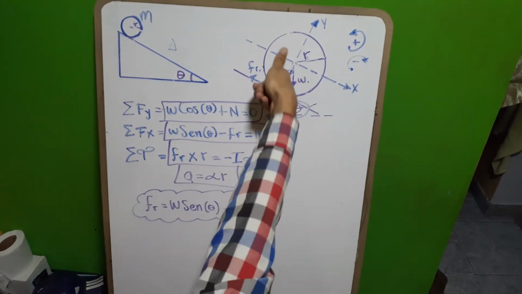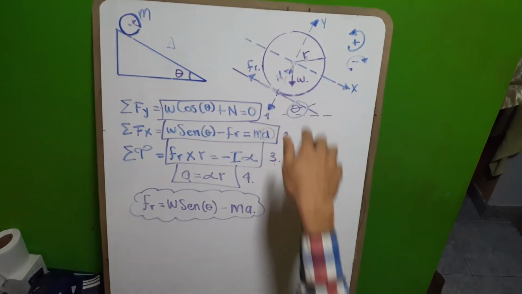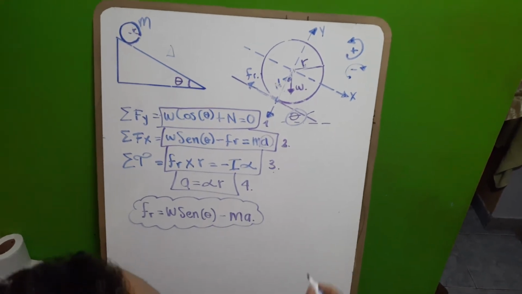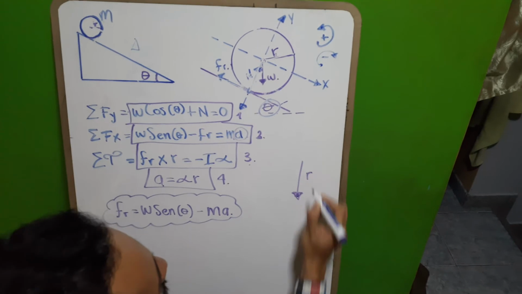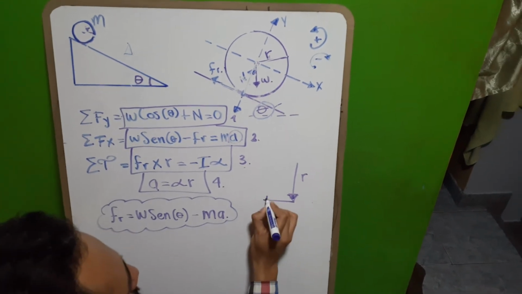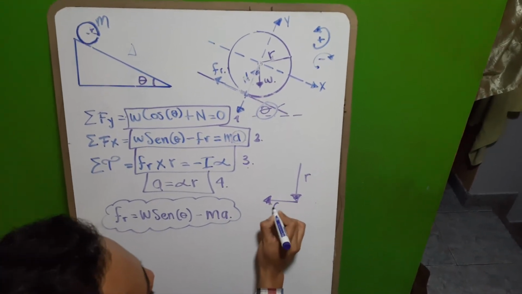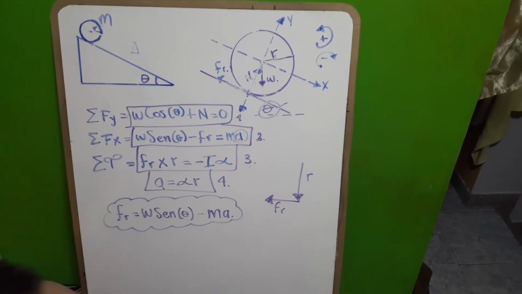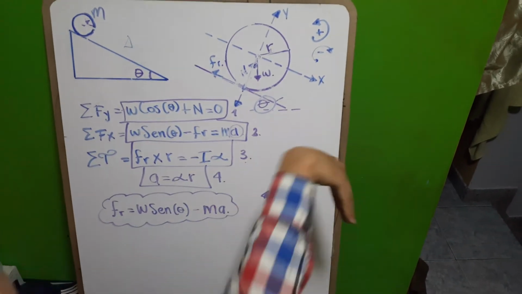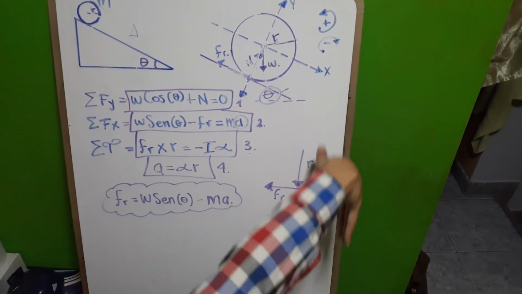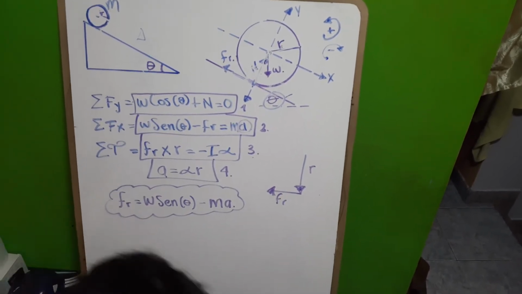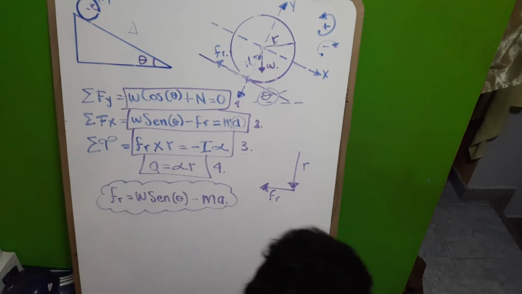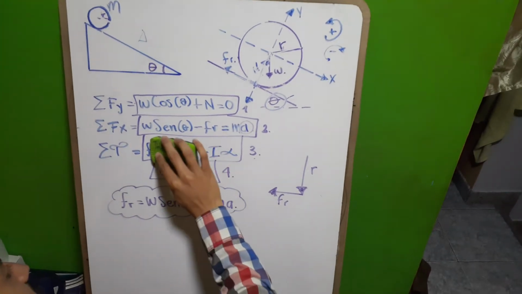This is a negative rotation. For example, this is r, this is fr.